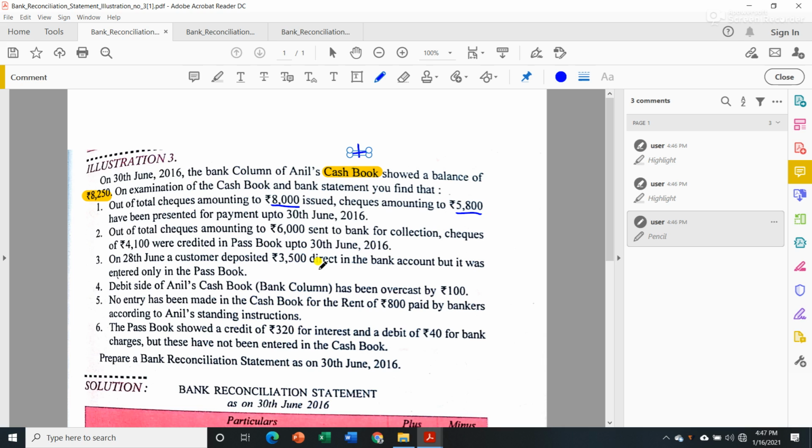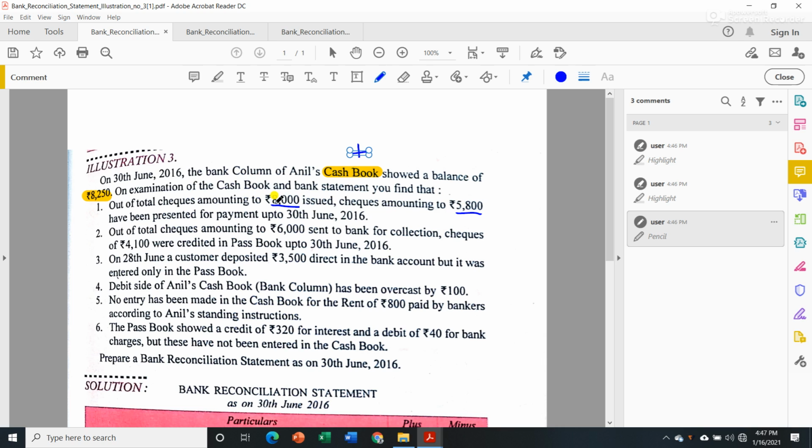The person to whom we gave the checks only collected 5,800. The remaining amount, 8,000 minus 5,800, was not yet collected from our bank account.